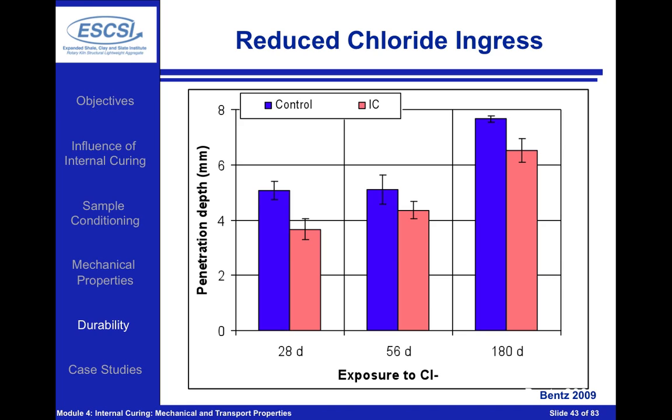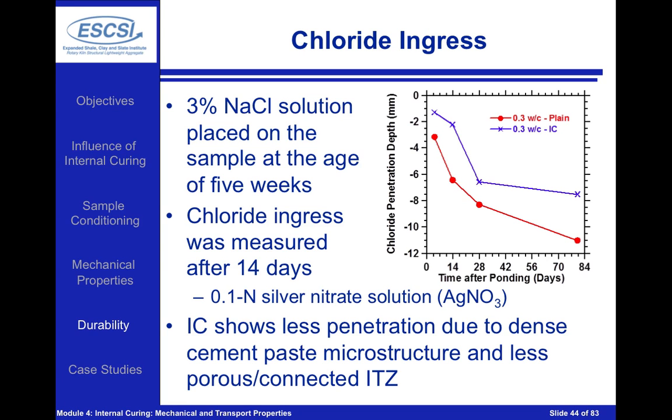By reducing the penetration of the chloride ions, it's going to take longer to reach the reinforcing steel, and the real reason that this is being reduced is that we're hydrating more of the cement. That's the first thing. The second thing that we can see here is, in addition to hydrating more of the cement, we're really reducing the interfacial transition zone regions.